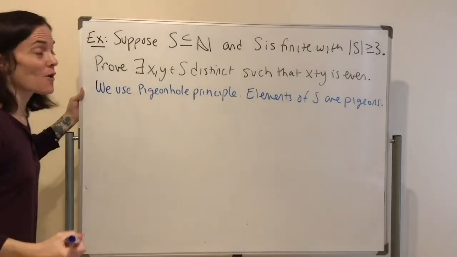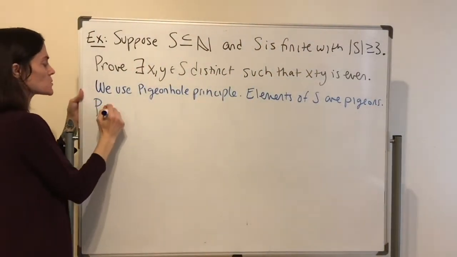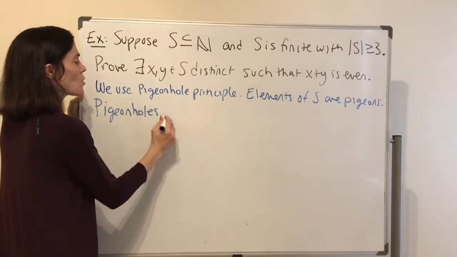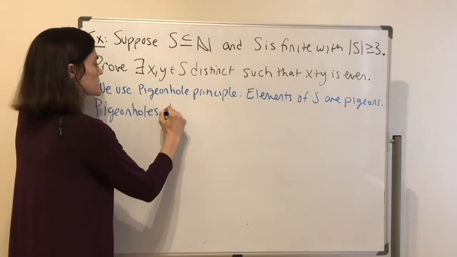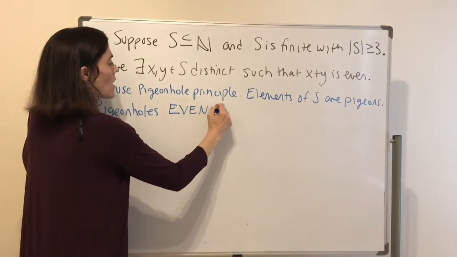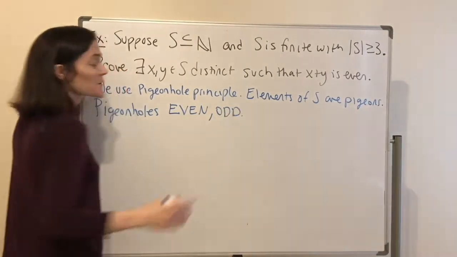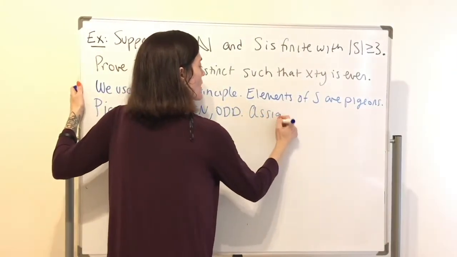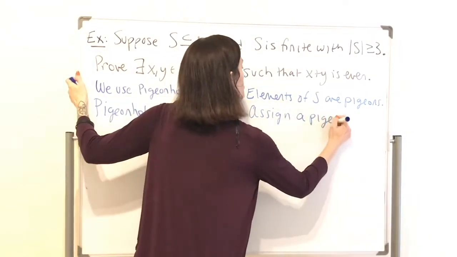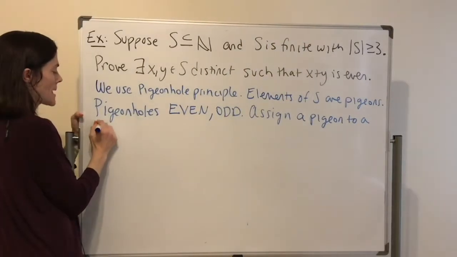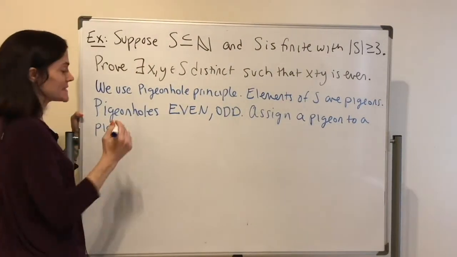What are my pigeonholes? This is where perhaps it's a little bit of creativity. My pigeonholes are this, even, comma, odd. And then we assign a pigeon to a pigeonhole based on its parity.